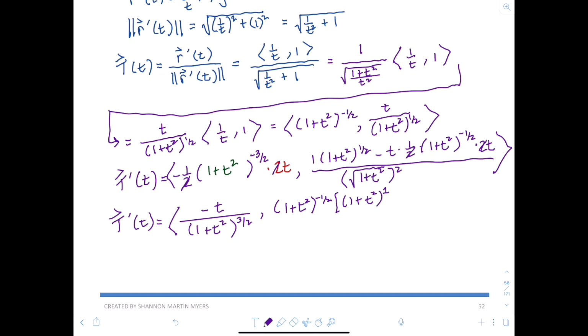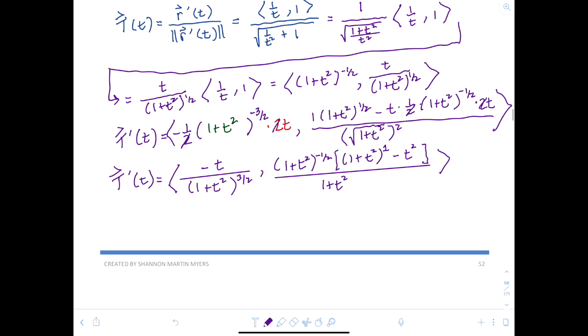That gets me to my 1/2. And then on this one, I'll have minus t squared. And then in the denominator, I'm going to have 1 plus t squared, because it was under a radical and that got squared.